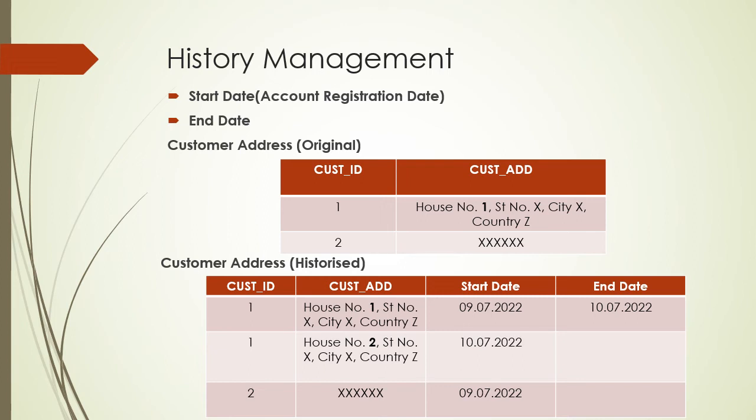So for instance, if someone changed their address today, and the routine actually triggers itself at 12 o'clock, means that if today is 9th of July, then I will have to create the start date of the next record as 9th of July, but with an end date not being set, or being set to the highest date. I hope this is clear.